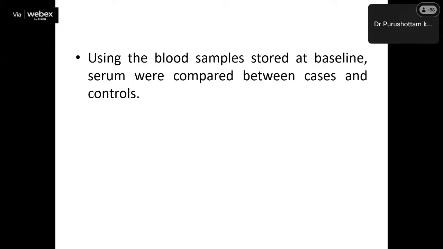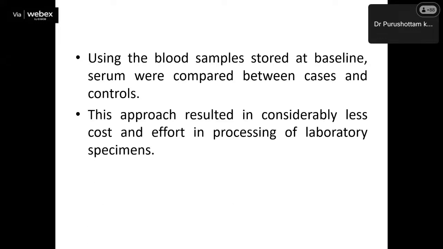So they are now supposed to process only 300 samples out of 57,000. So using the blood sample stored at baseline, serum was compared between cases and controls. This approach resulted in considerably less cost and effort in processing of laboratory specimens. So this is the benefit of nested case control.